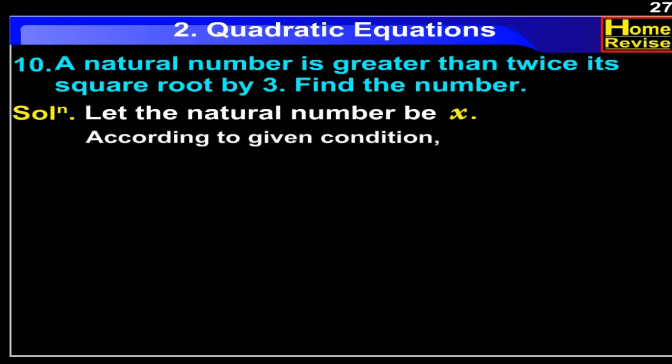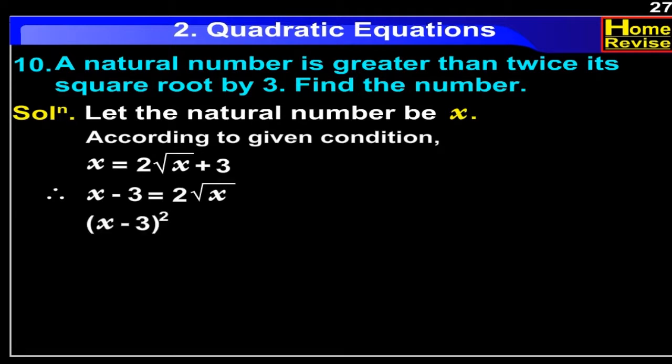According to the given condition, we get x is equal to 2 root x plus 3. Therefore, x minus 3 is equal to 2 root x. Squaring on both the sides, we get (x minus 3) whole square is equal to 4x.